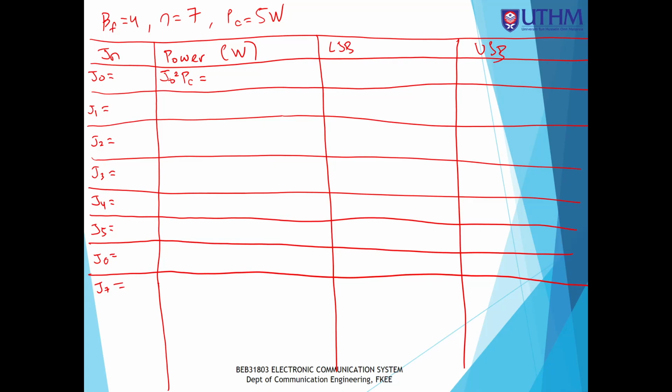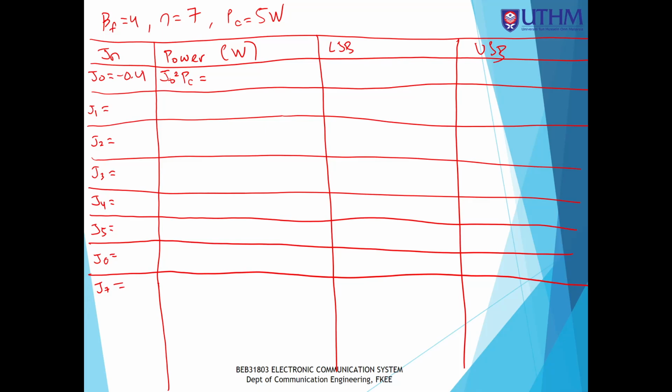We don't know J0, so we need to find the value from the table. Minus 0.4.